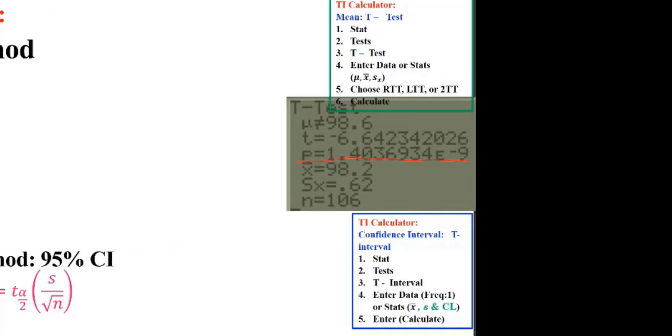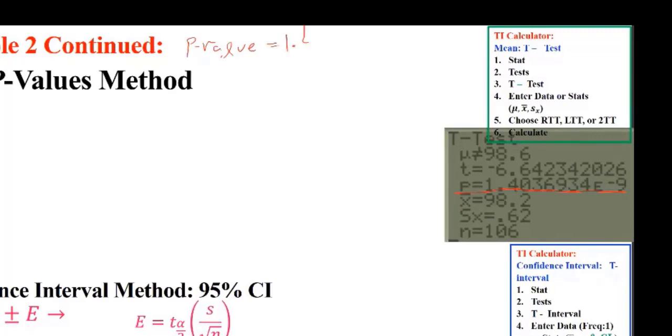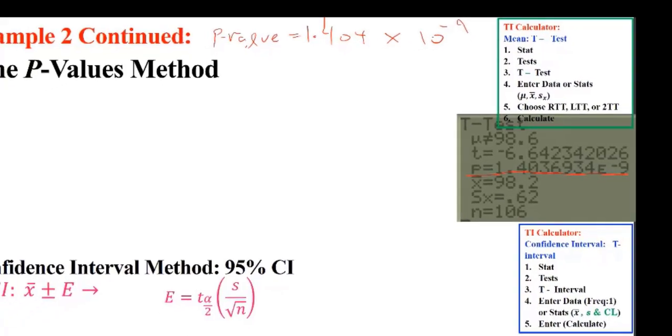And the reason they write it in this fashion is because the number is extremely small. So that means 1.404 times 10 to the power of negative 9, which is much smaller than alpha, and you get to the same result.